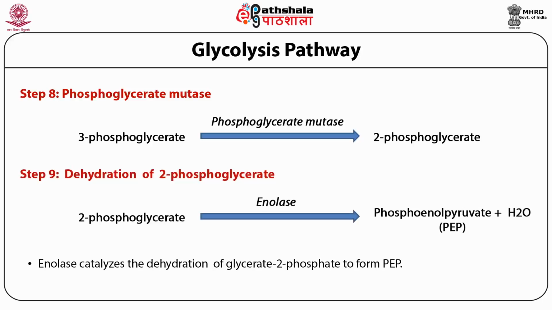During step 9, phosphoenol pyruvate has a higher phosphoryl group transfer potential than glycerate phosphate because it contains an enol phosphate group instead of a simple phosphate ester.